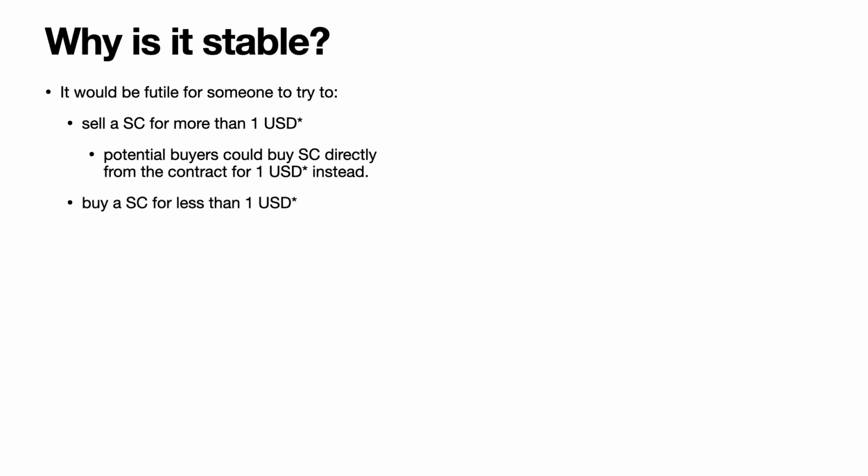And it would also be futile to try to buy a stablecoin for less than $1, because potential sellers could just sell the stablecoin directly to the contract for $1 instead. So everybody would be incentivized to trade stablecoins among themselves for a price that is approximately $1.